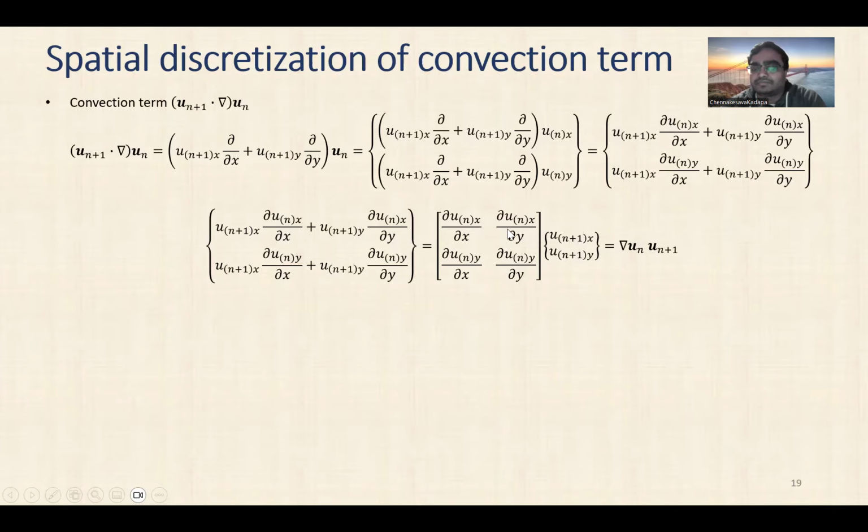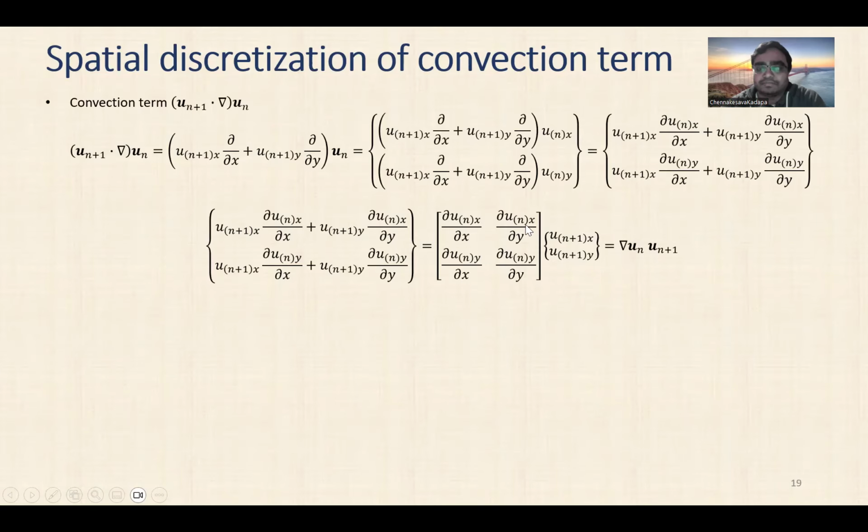Okay, that follows the first matrix. So we are expressing this as a product of two matrices or product of matrix and vector. Okay, so once we segregate, we get these expressions.